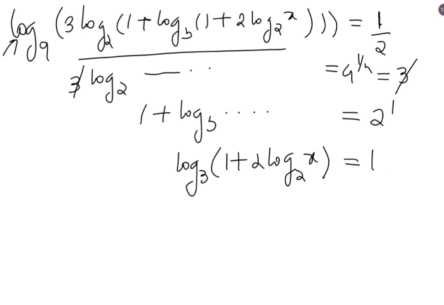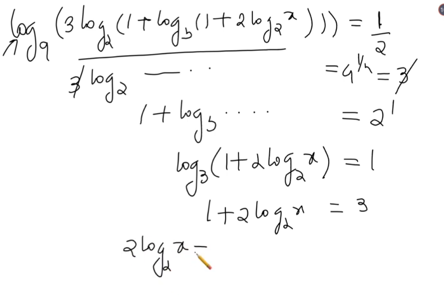So now again get rid of this log, so this becomes 1 plus 2 log of x to the base 2, which comes out to be 3. Then subtracting 1 on both sides, I have 2 log x to the base 2 equals to 2.